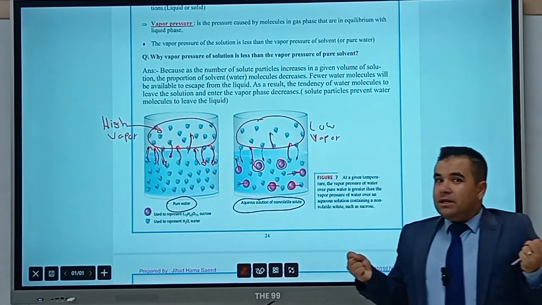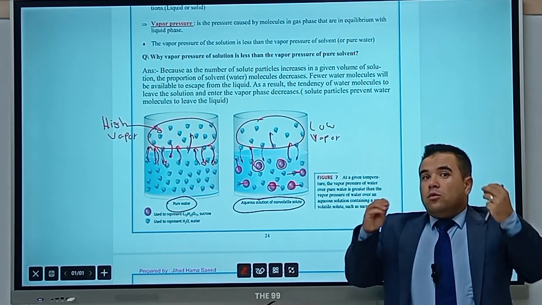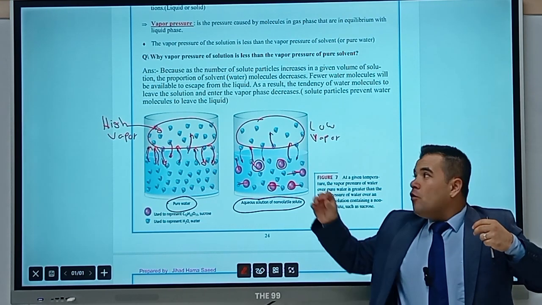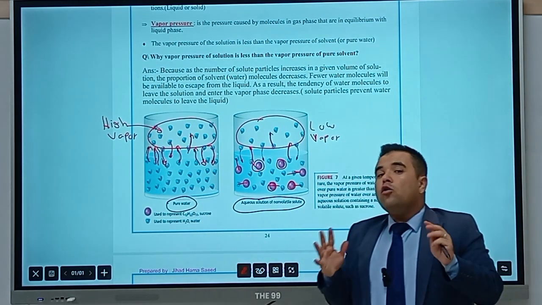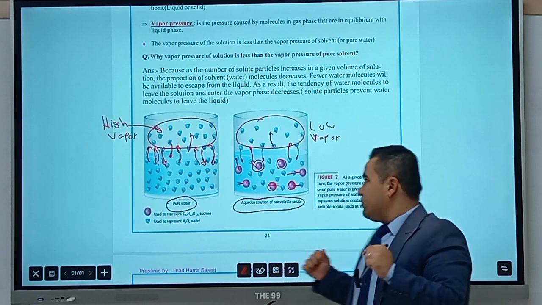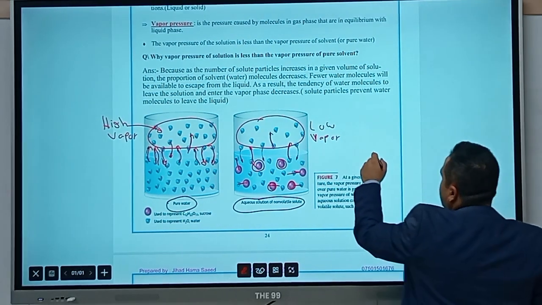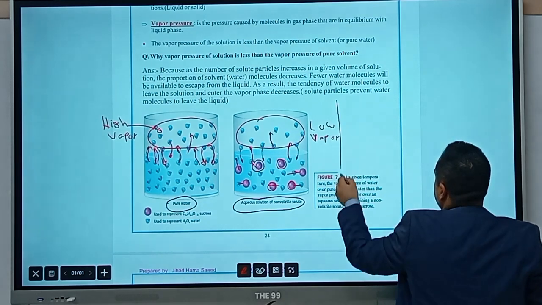And a statement can be stated that the vapor pressure of a solution compared to the solvent is always lower because of the existing solutes that attract the solvent.